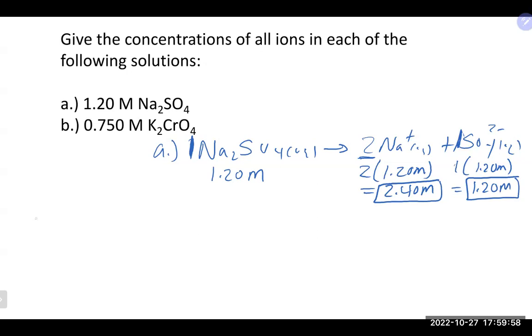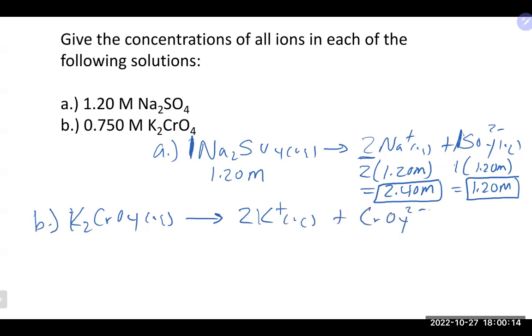Looking at B, kind of same situation here. We'll take our K2CrO4 in solution. It will break apart since potassium is soluble in everything. That will give us 2 potassium ions and a chromate here. Once again, kind of the same relationship, 0.75 molar. It is a 1-to-2 relationship.